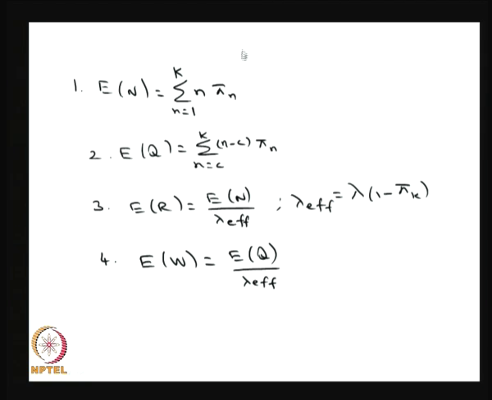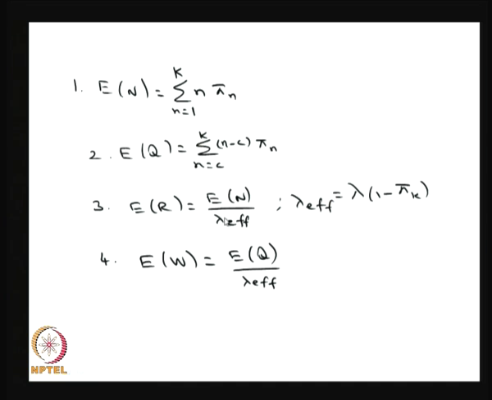After that, you can get all the other average measures the way I explained for M/M/1/N and M/M/C/infinity, a combination of those. You can get the average number of customers in the system, and the average number of customers in the queue, which is the summation of n minus C times pi n, with n going from C to K. Then the average time spent in the system.